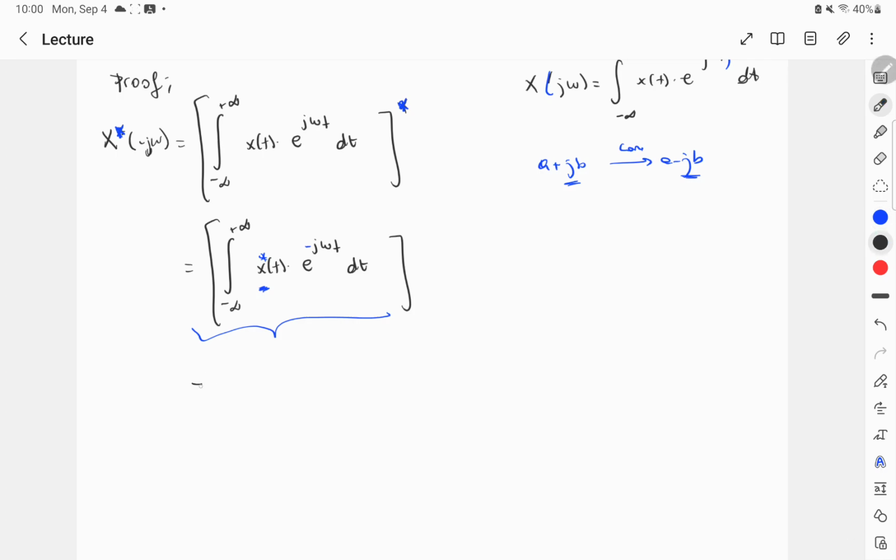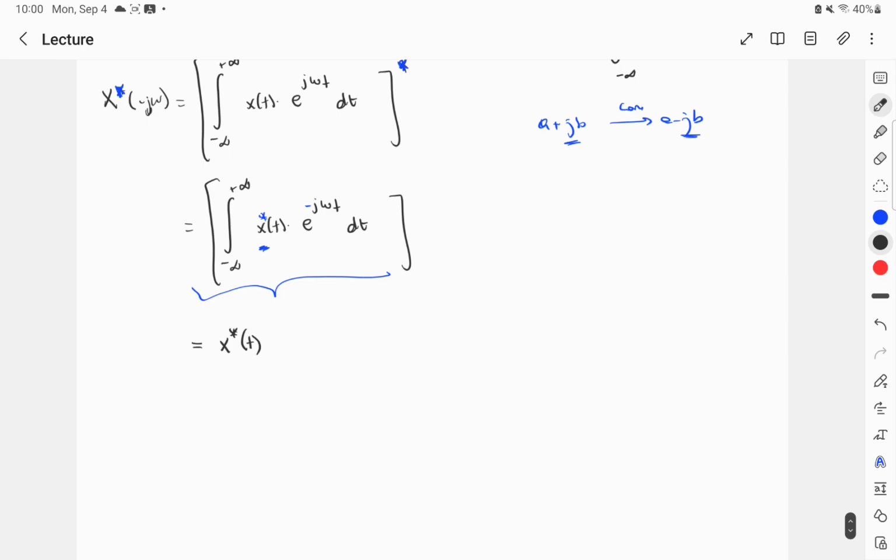Eventually, we can simply write x conjugate of t instead of all this expression. We saw that x star of t, x conjugate of t, is equal to the Fourier transform conjugate with minus jw inside. And this was the proof.